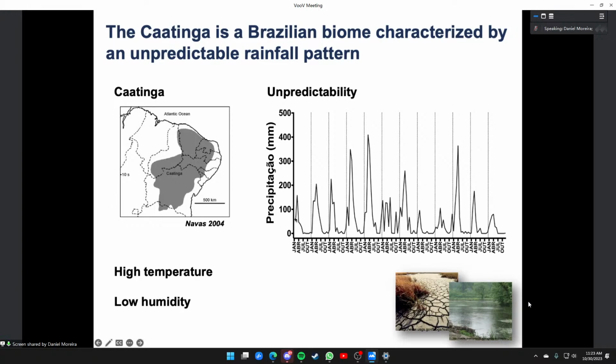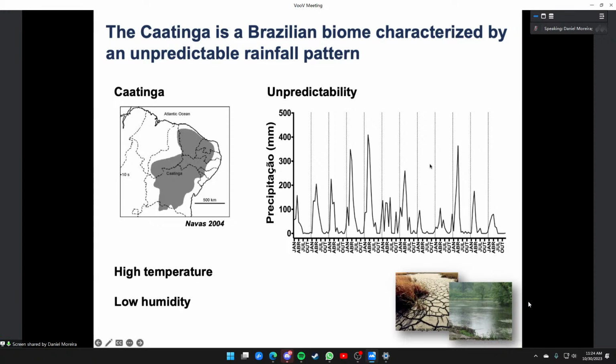We can clearly see a pattern that has a rainy season during the first half of the year, and then a dry season. But the unpredictability of the Caatinga comes from these atypical years when we have much lower rainfall. In some years we have a pattern that does not show a clear rainy and dry season.